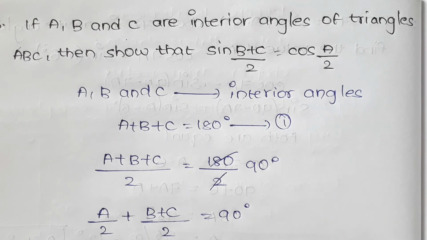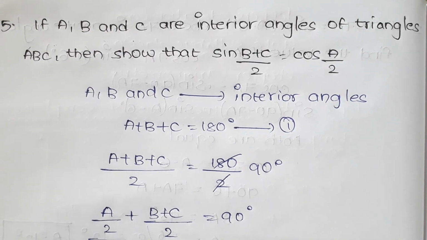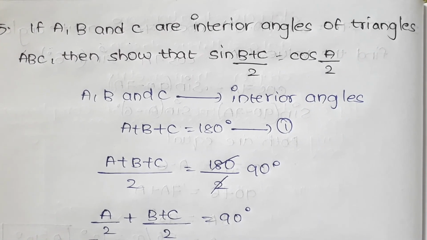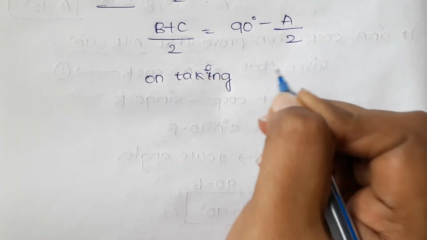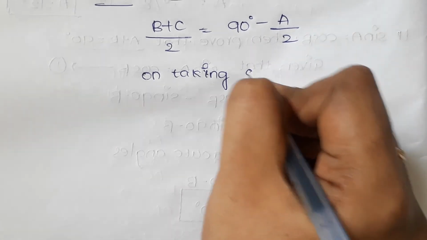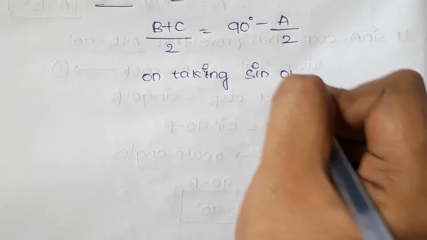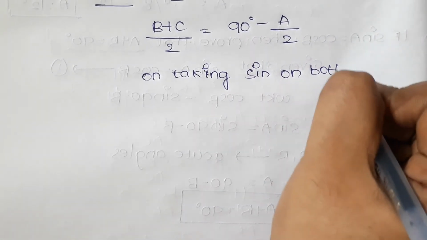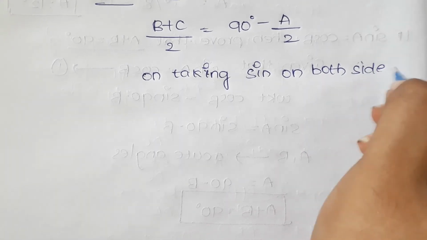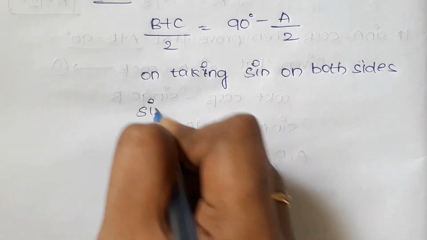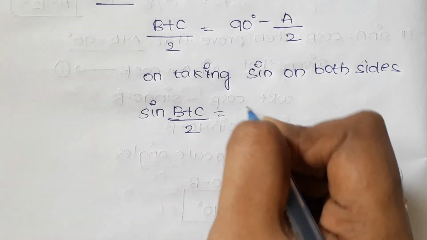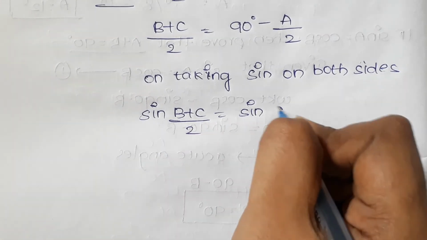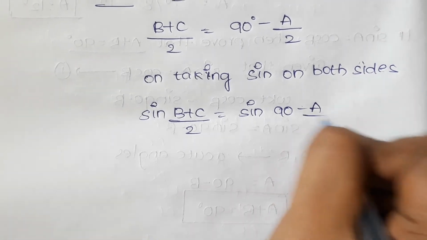Now on taking sine on both sides, in both LHS and RHS, we get sin of (B plus C) by 2 equals sin of 90 minus A by 2.